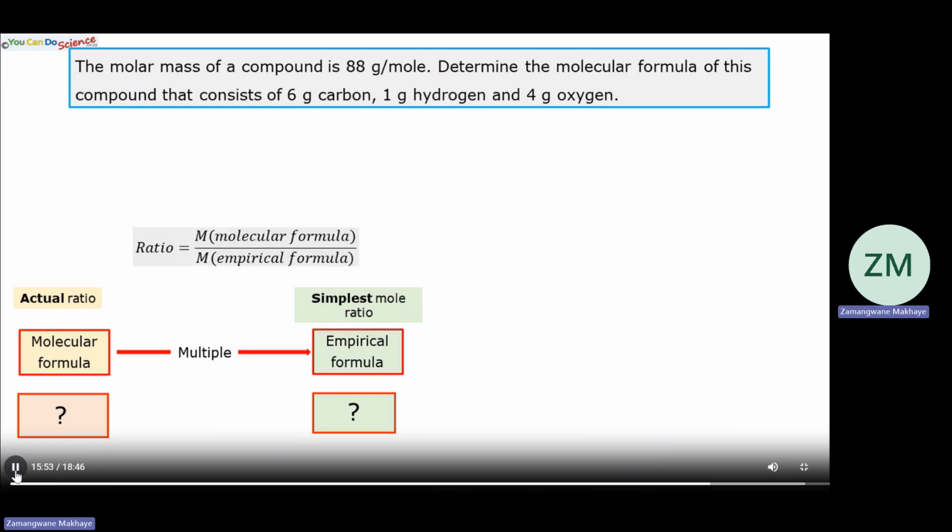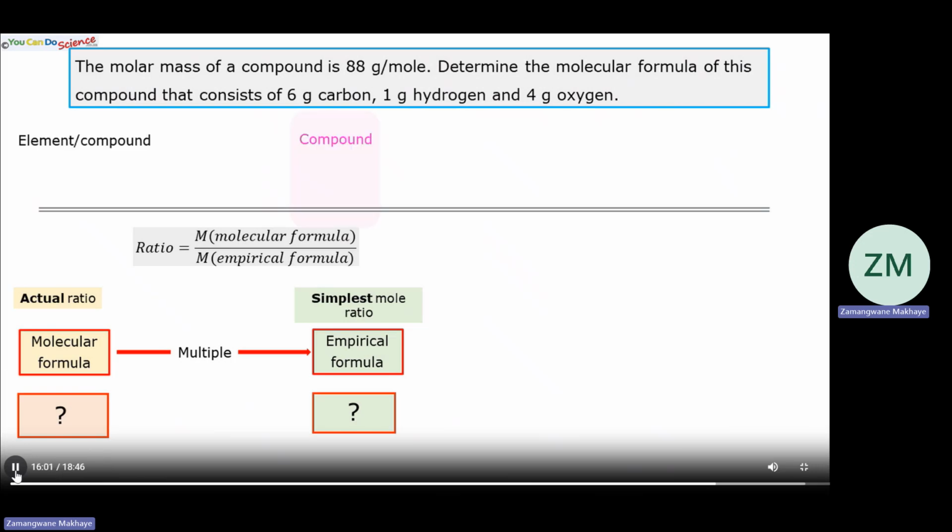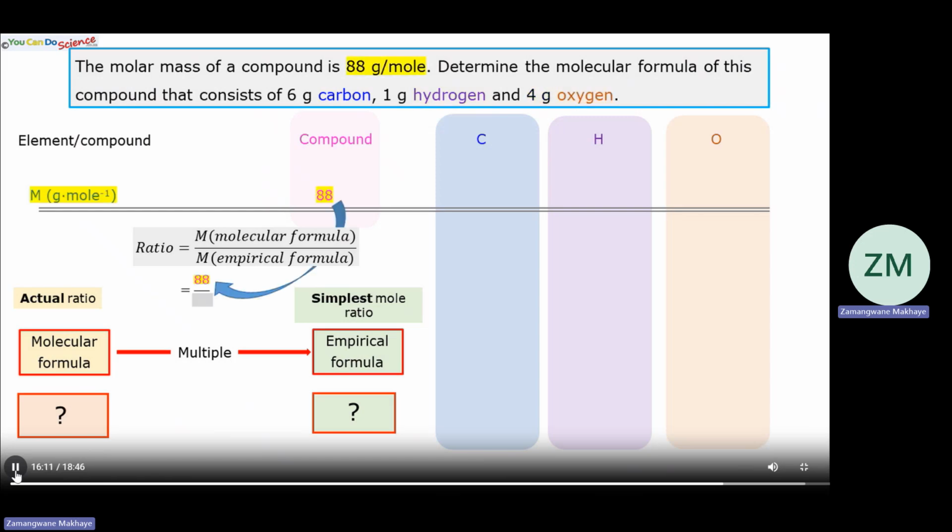This multiple is determined by dividing the molecular mass with the empirical mass. We do not have the name of the compound, but we know that it consists of carbon, hydrogen, and oxygen. The molecular mass of the compound is given. Also the mass of carbon, hydrogen, and oxygen.